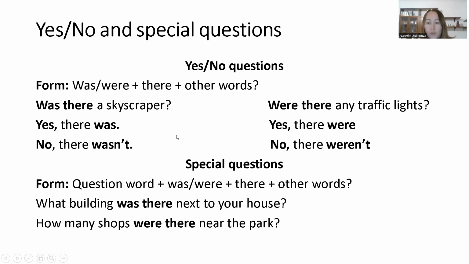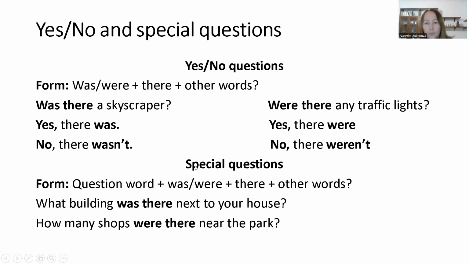Also, we have yes, no, and special questions with there was and there were. This is the form of a yes, no question. We put in the first place was or were, and then there, and then other words. For example, was there a skyscraper? Yes, there was. No, there wasn't. Were there any traffic lights? Yes, there were. No, there weren't.